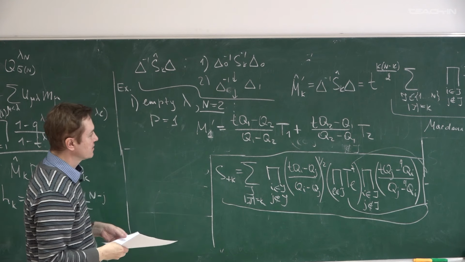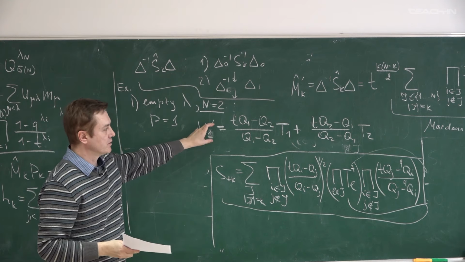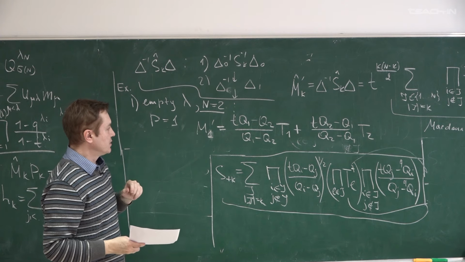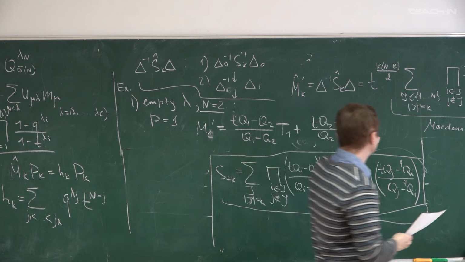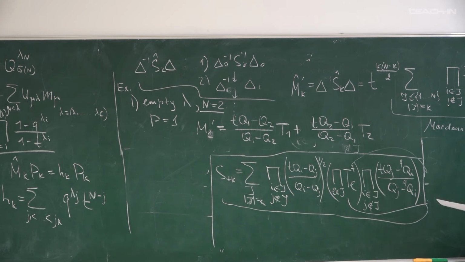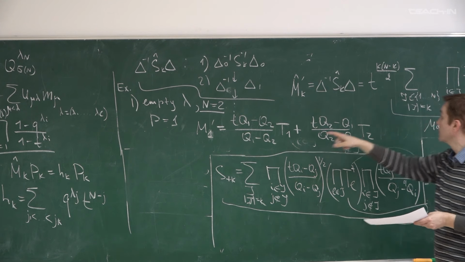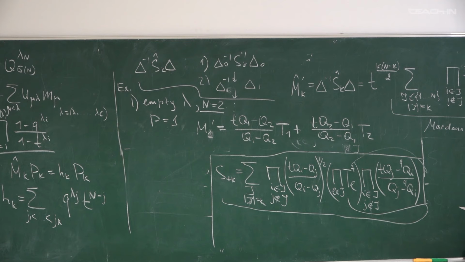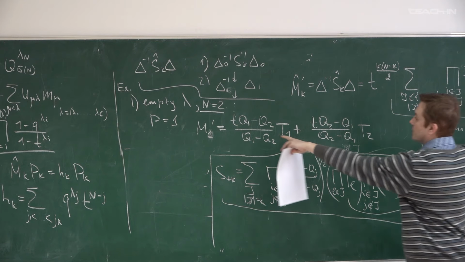So we have two particles. Then we have only a single non-trivial operator, which is given here, just because when the sum goes over all subsets of length 1, it means that the sum goes over an ordinary index, and this index runs over all possible values from 1 to n, so from 1 to 2 in this case. When i is equal to 1, then we have this product, i is equal to 1, as given here.